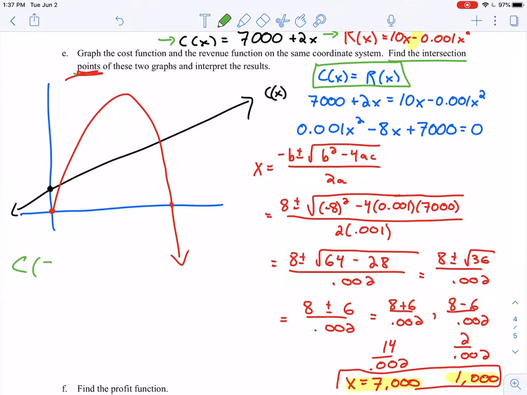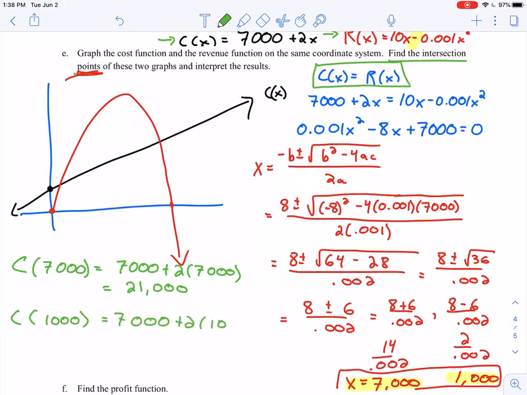So C of 7,000 is equal to 7,000 plus 2 times 7,000. So this is 14 plus 7, 21,000. And C of 1,000 is equal to 7,000 plus 2 times 1,000.